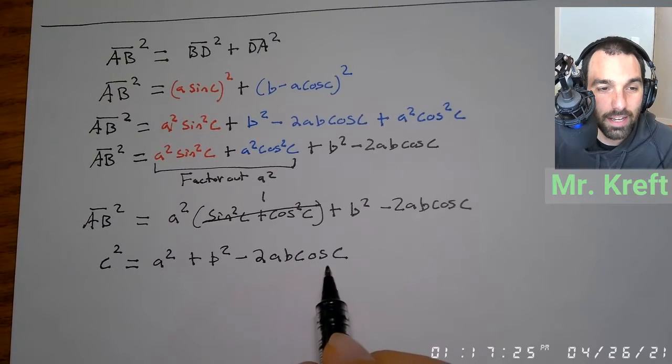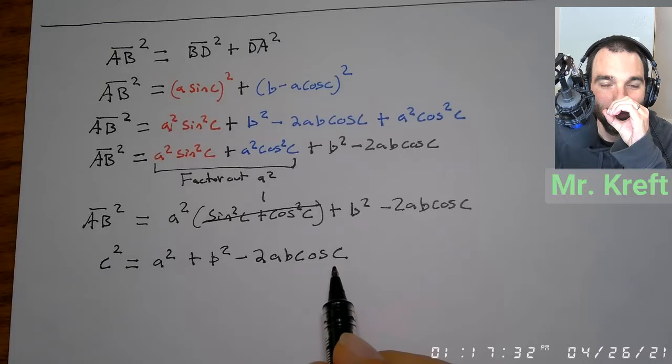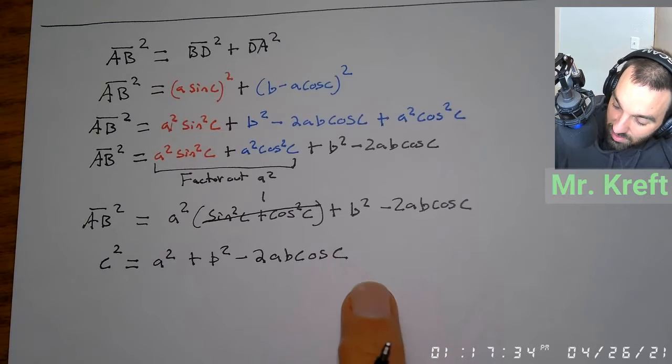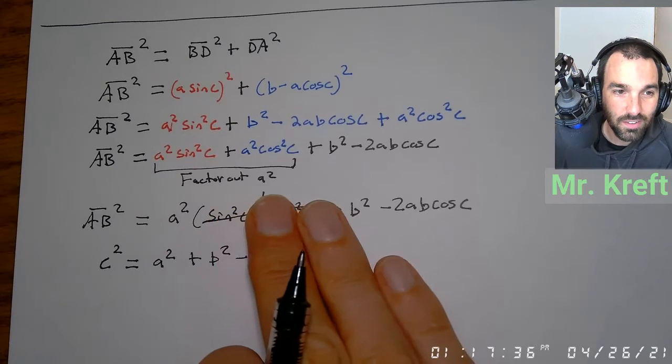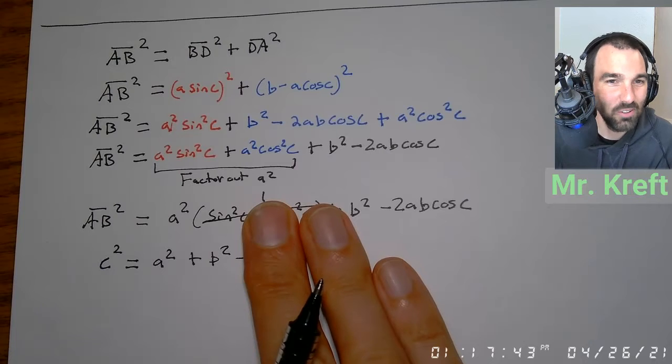Well, then you have this extra term. And don't trust me, you try it. What happens when angle C is 90 degrees? What's cosine of 90 degrees? 0. So when C is 90 degrees, it's a right triangle. Oh, come on. Some of you got to be like, okay, that's a little cool. Right? That's pretty cool.